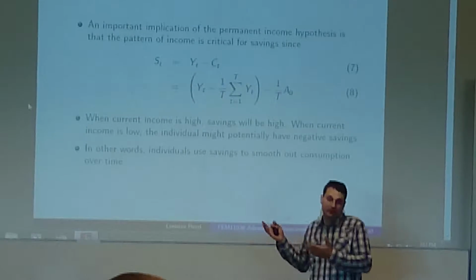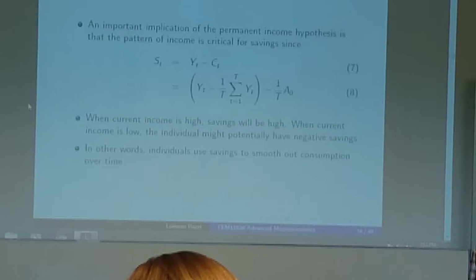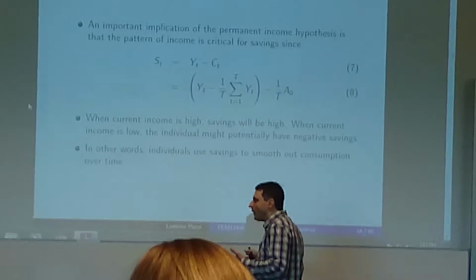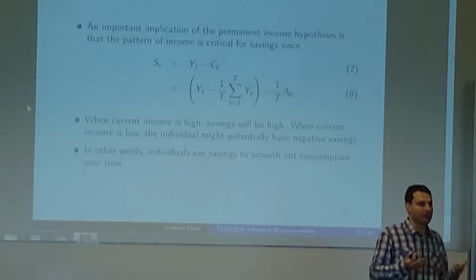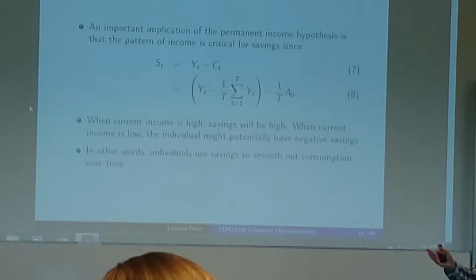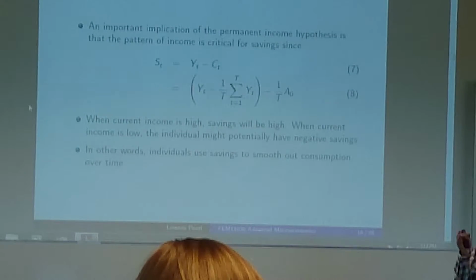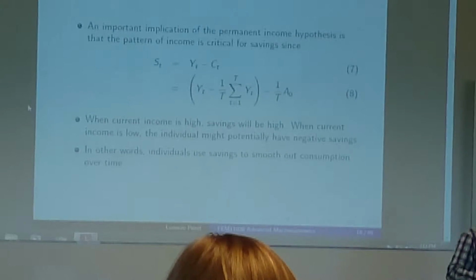So immediately you can already see that once people are not allowed, for instance, to dissave, once people are not allowed to borrow, the permanent income hypothesis will be in trouble. One of the main assumptions is that, according to the permanent income hypothesis, for people to be able to smooth consumption through saving and dissaving, of course they have to be able to do that.